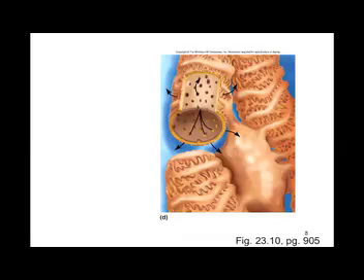Let me show you this in the book. This is a cartoon of that, kind of a cutaway. So here's the blood. Here are the fenestrations. This is the endothelium of the capillaries. Here's the basement membrane. And then here are those foot processes, those pedicels that are interdigitated.